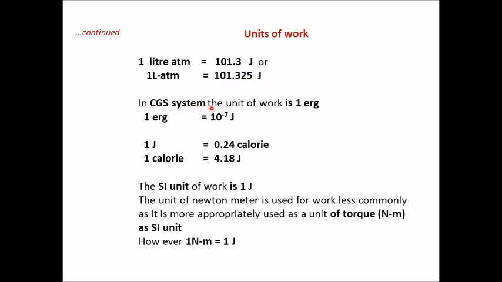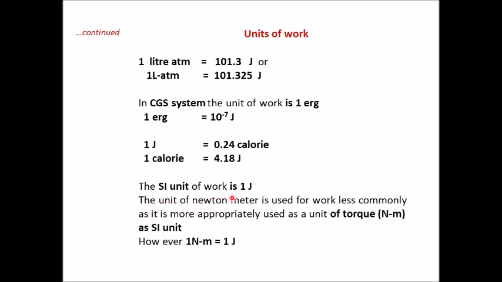In the CGS system, the unit of work is 1 erg. 1 erg is equal to 10 raised to minus 7 joules. 1 joule is equal to 0.24 calorie. So, 1 calorie is 4.18 joules. The SI unit of work is always joules. That is, for unit work we say 1 joule.